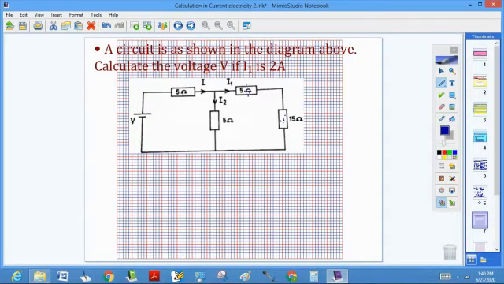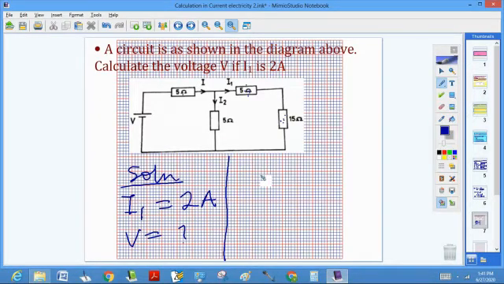So parameters we are given: I1 is equal to 2 amperes, and we have to find V, and R has to also be found. The effective value of R has to be found.